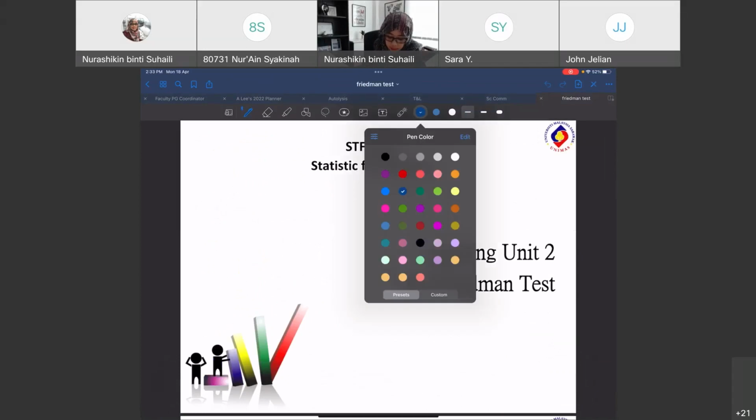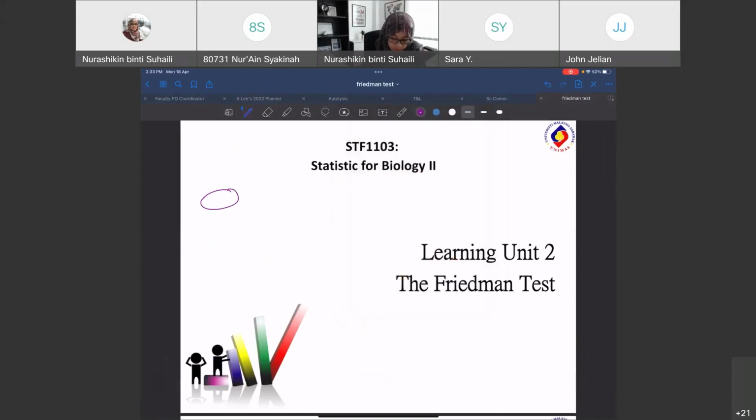If we are analyzing school groups, school A, school B, and C, and we are analyzing their statistics marks, of course school A has its own data, and school B and school C have their own data.